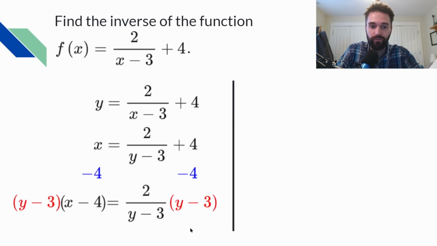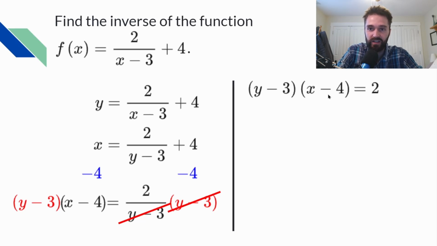Next, what I want to do is multiply both sides by y minus 3. Okay, and we can see that this y minus 3 and this y minus 3 are going to cancel. And that leaves us with y minus 3 times x minus 4 equals 2. Okay, we almost have y by itself.